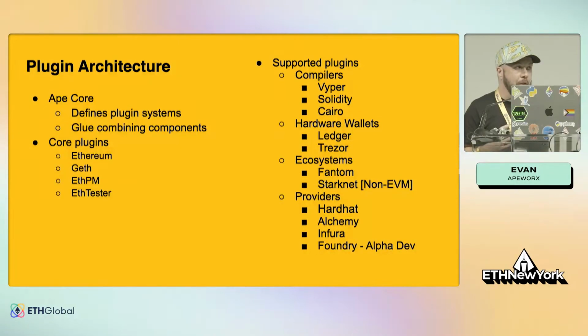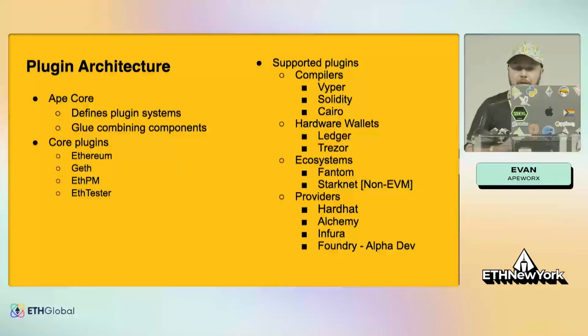This makes for a really great way of not exposing your private keys while interacting with the chains. We support L2 ecosystems like Fantom and StarkNet, and I do want to give a shout out to one of my coworkers for making the first non-EVM plugin, Jules, who happens to be with us today.